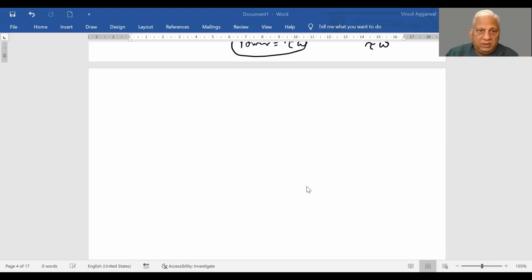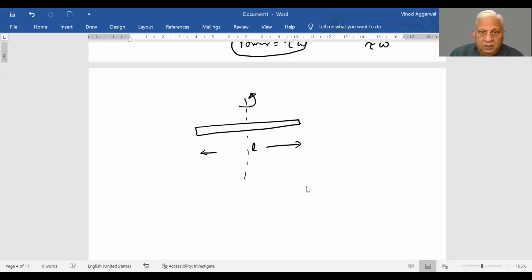Now let us do a small exercise and find out the moment of inertia of a uniform rod whose length is L and it is rotating about its perpendicular bisector. Okay, so what we do is we take a small slice of this rod.